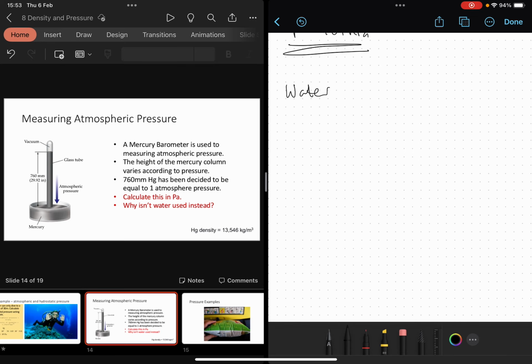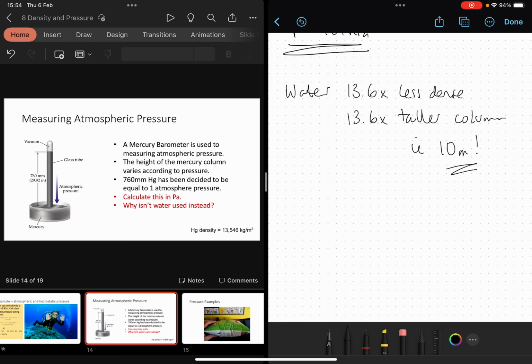So that means that we would be able to support 13.6 times more water in the column, i.e. the column would be 13.6 times taller than the 760 millimeters. That's pretty close to 10 meters. Not very practical. So a mercury barometer is just simply more compact than a water barometer would be.